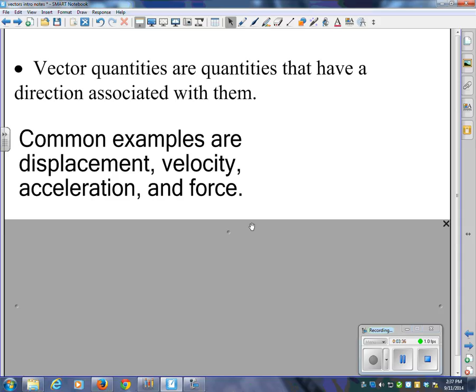Acceleration is how fast the velocity changes, with a direction. Are you seeing the trend here? And force, if I push, I have to push in a certain direction. Those are the big four. There are others, a little less common, not quite as known, but those are the big four vectors.